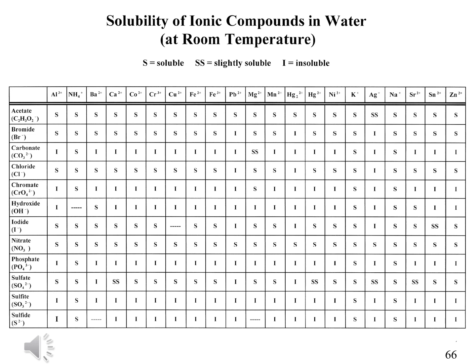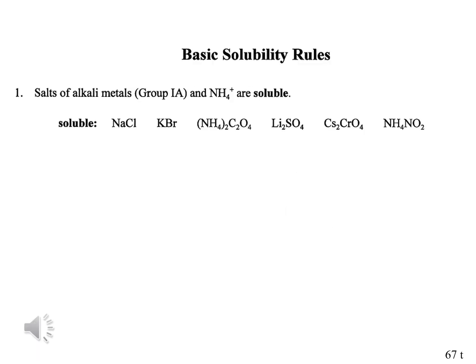The thing is that you don't usually want to use this kind of an extensive table, but it is a good reference because you can use it in any class that involves salts. Earth science, geology, physiology, anything, anatomy, whatever. In chemistry, though, we determine whether something is soluble or not more commonly by using what are called solubility rules.